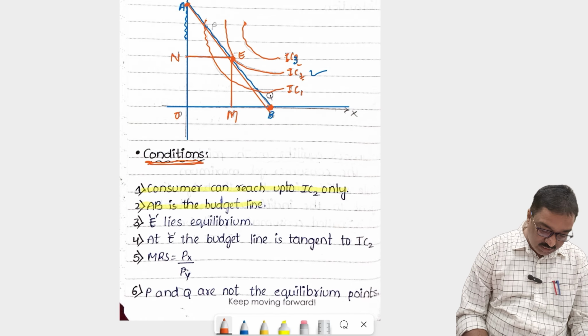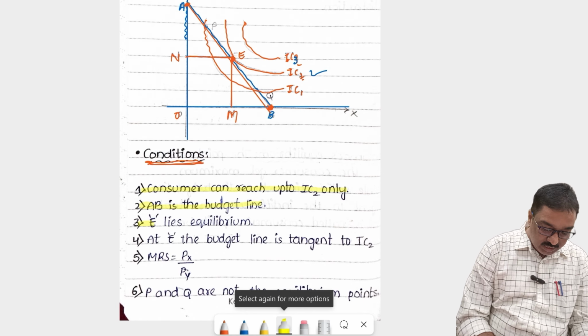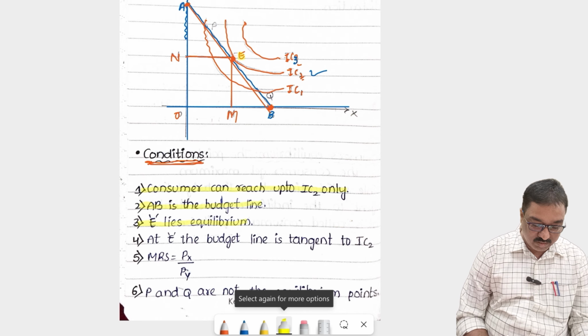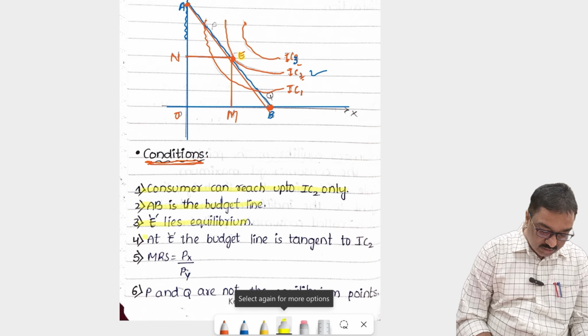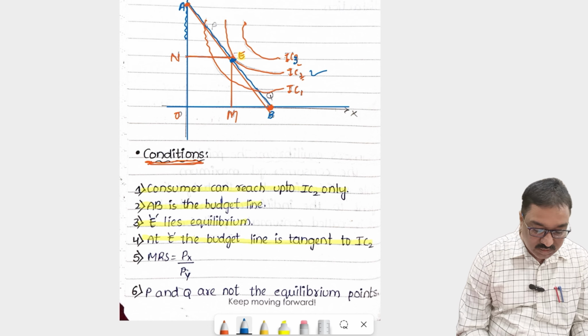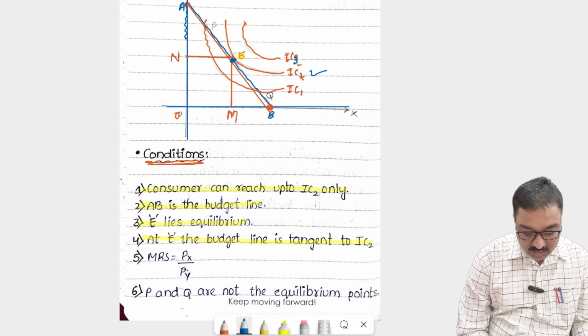Another important condition: E is the equilibrium point. Why do we call it the equilibrium point? At the point E, the budget line is tangent to IC2. AB is the budget line.